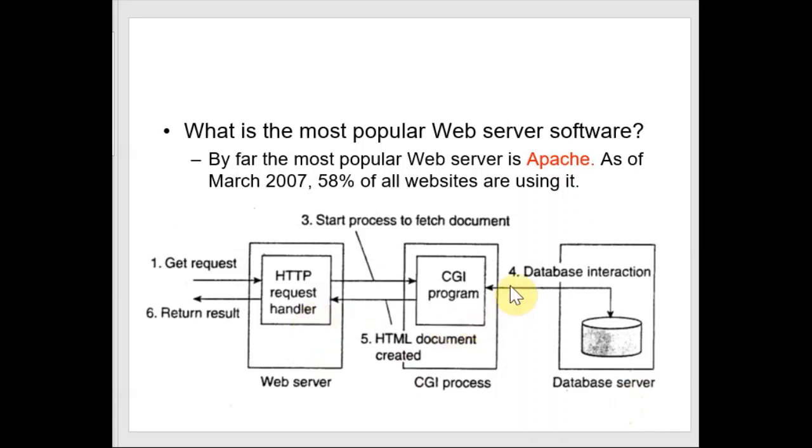CGI programs can be as sophisticated as a developer wants. As shown in this particular figure, many programs operate on a database local to the web server. After processing the data, the program generates an HTML document and returns that document to the server.